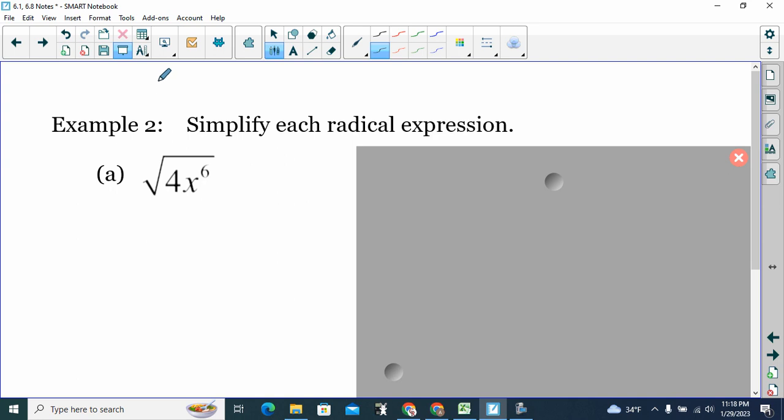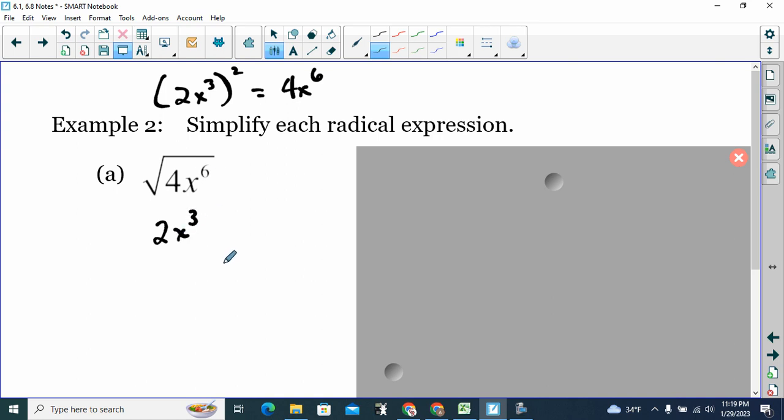So we want to be thinking what times itself gives me 4x to the 6th. Well, the square root of 4 is 2. The square root of x to the 6th, if I'm thinking x to what power and then squared is going to give me x to the 6th, this needs to be a 3. Power of a power, I would multiply these.